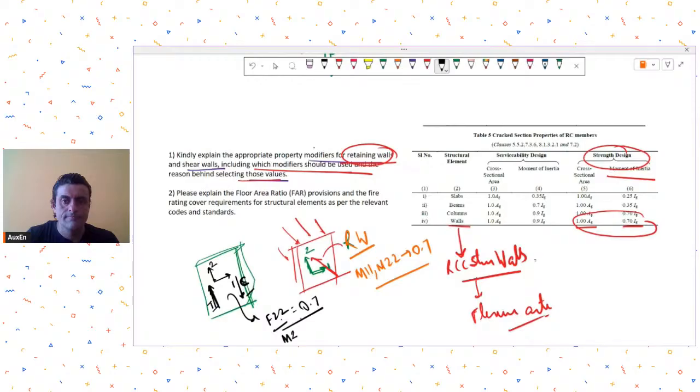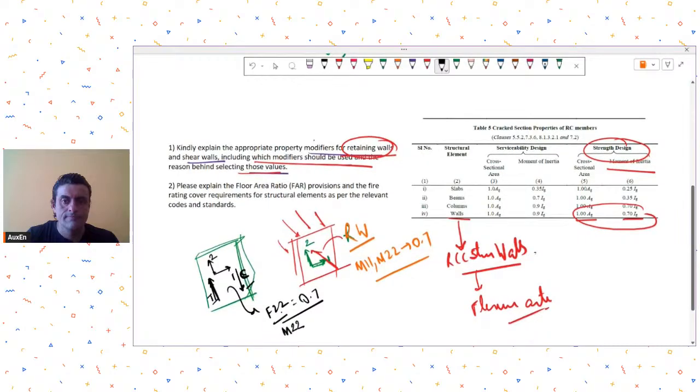You give M22 modifier also because there is an out-of-plane moment possible about the vertical direction. So you give M22 modifier also as 0.7 when it's a case of RCC shear wall. So these are the values that you can assign. Okay.